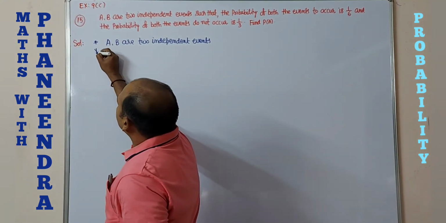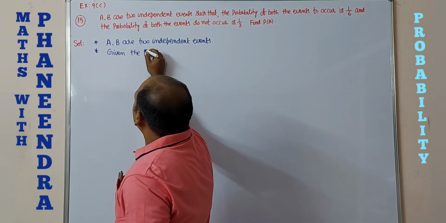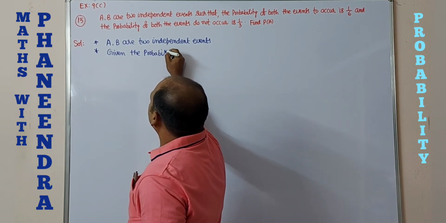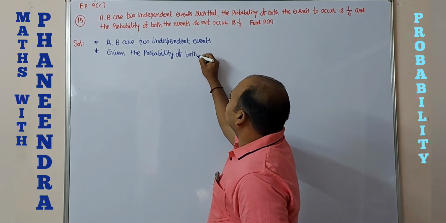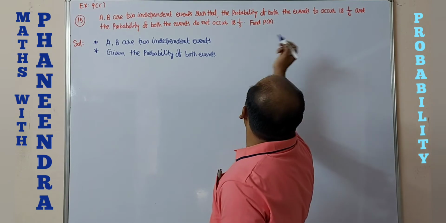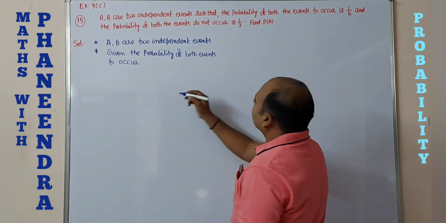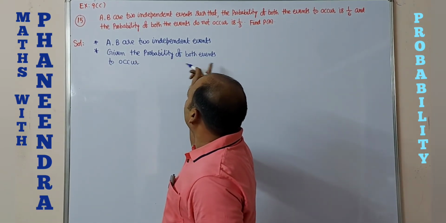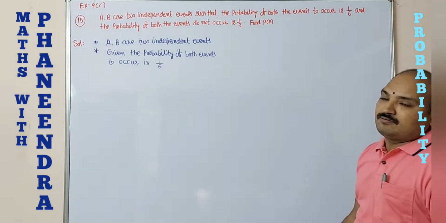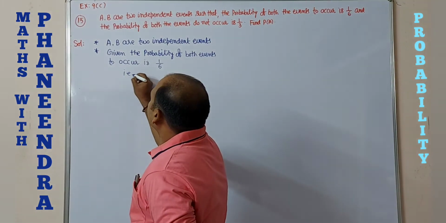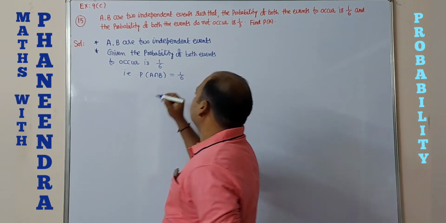Next, given the probability of both events to occur is 1 by 6. That is, P of A intersection B is equal to 1 by 6.